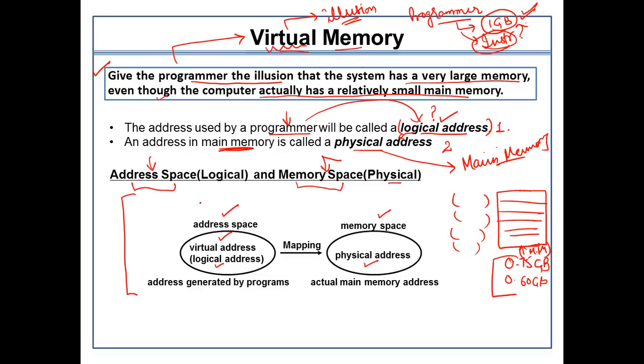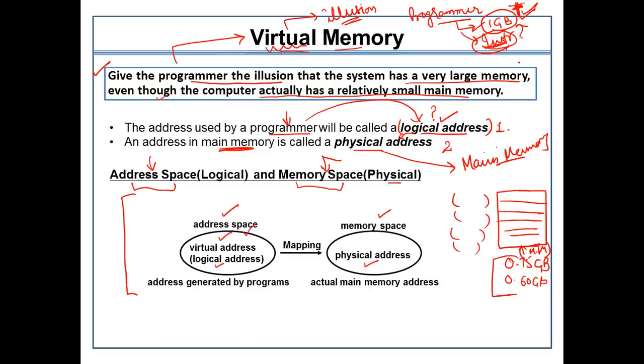As I'm saying, the programmer has generated the instruction as per this 1 GB of memory available, but exactly the same storage space was not available in the main memory. So what we need to do is this: the instruction has already been created in the form of a virtual address or logical address.